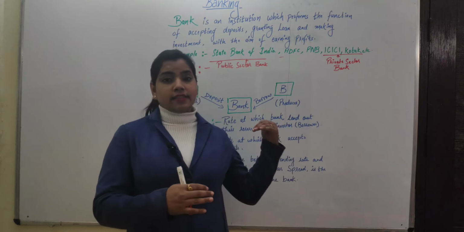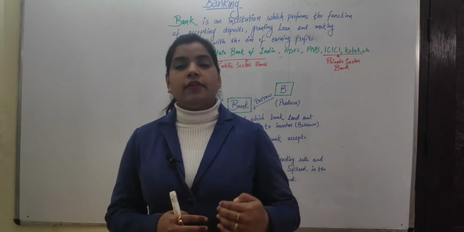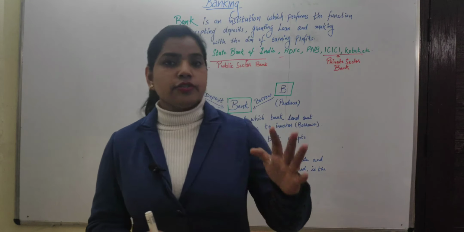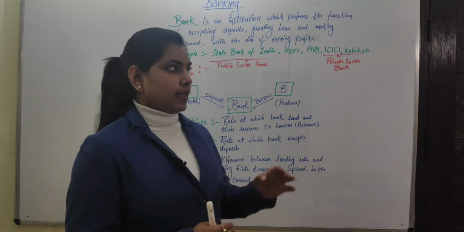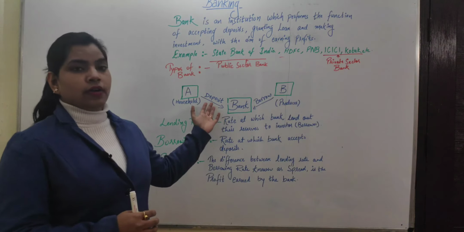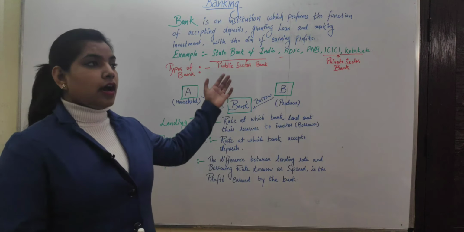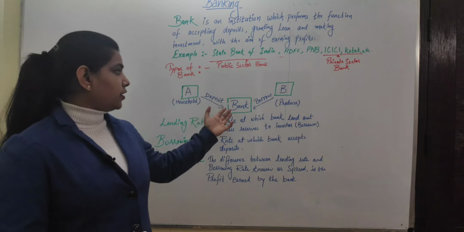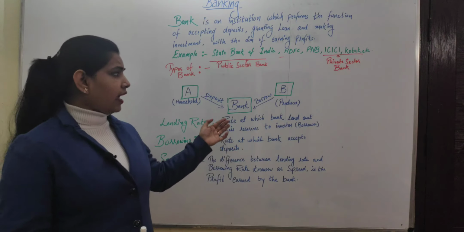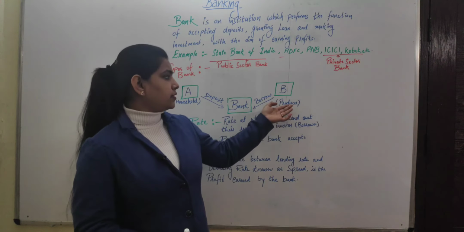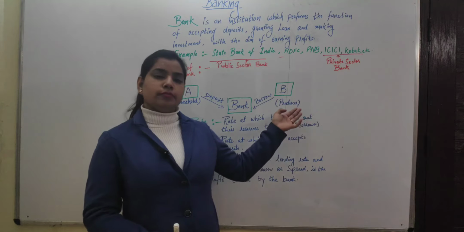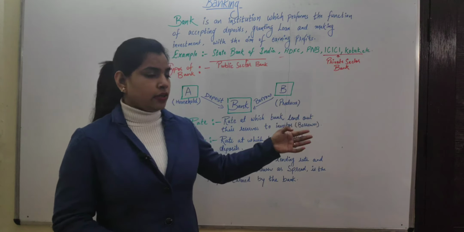To understand this banking procedure, we take an example. Suppose there are two persons: A, who deposits his earnings or savings into the bank, and another person B, who is a producer or a businessman.